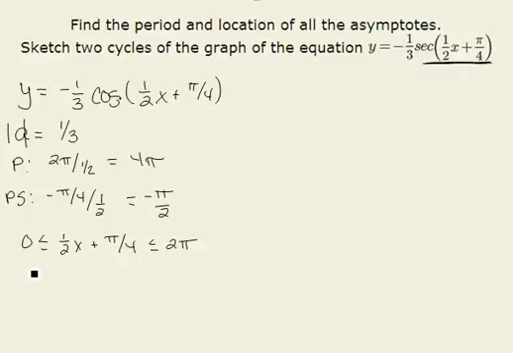Subtracting pi over 4 and multiplying both sides by 2, I get the range of x between negative pi over 2 to 7 pi over 2, which is indeed 4 pi units. We will now sketch the axes and sketch our graph of the cosine function.